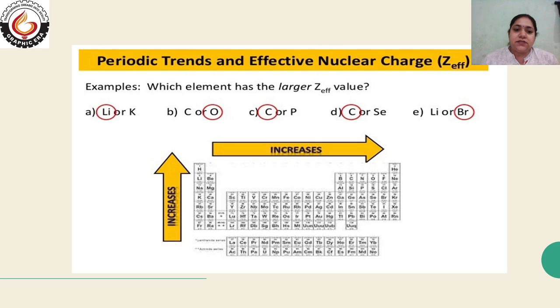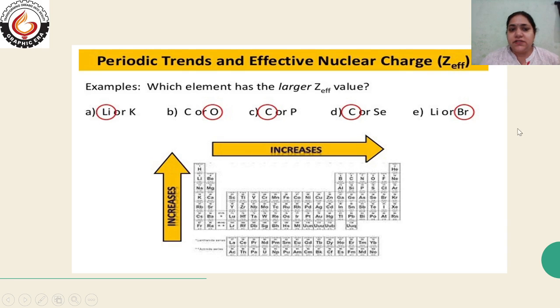And as the number of shells increases, all the electrons present in the shells between the outermost electron and nucleus impart shielding effect, and this will subsequently decrease the Z effective value. So in a group, when we move down, the Z effective value decreases, and in a period it increases when we move from left to right.